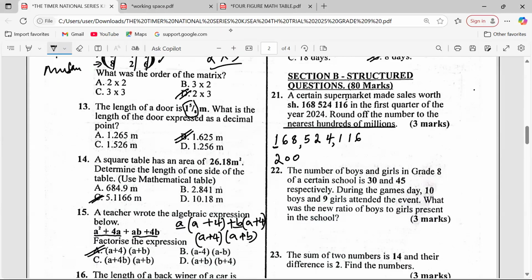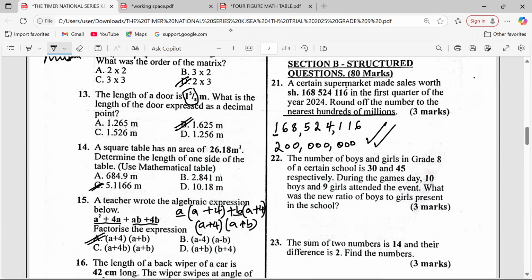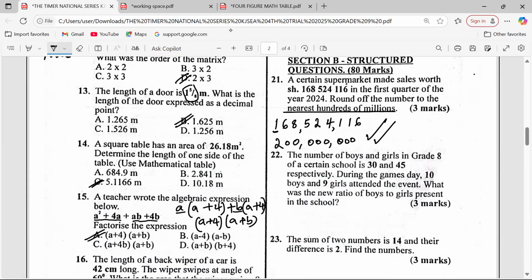So we'll have zeros there. There are people who will just make it a 2 and think the other digits, which are zeros, are not useful. So they were at 200 million. 200 millions. Okay.